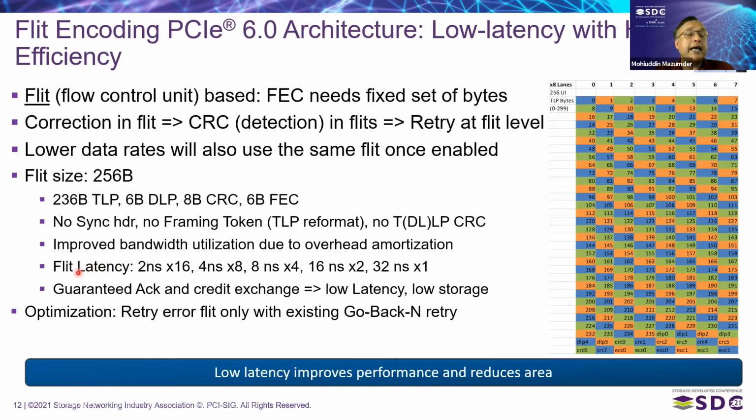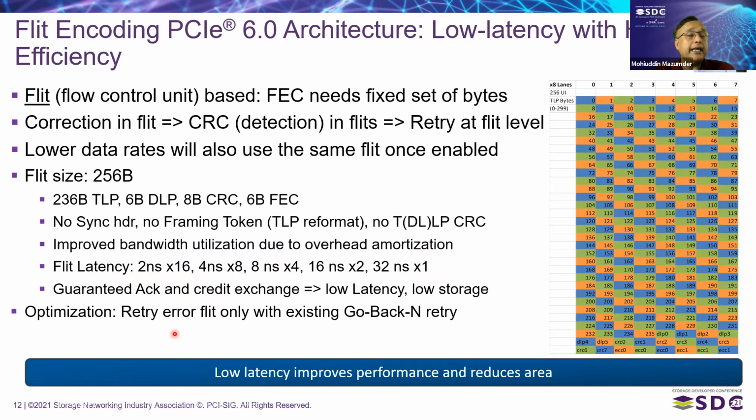And with this, a single symbol correct light FEC, and three-way interleaved FEC, we achieved a FLIT latency in the order of 2 nanoseconds for a by 16 port, 4 nanoseconds for by 8, 8 nanoseconds for by 4, 16 nanoseconds for by 2, and 32 nanoseconds for by 1.